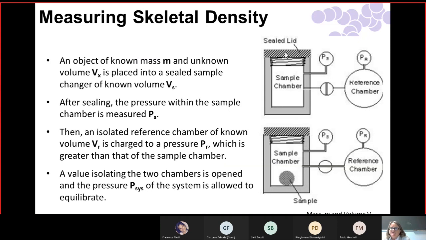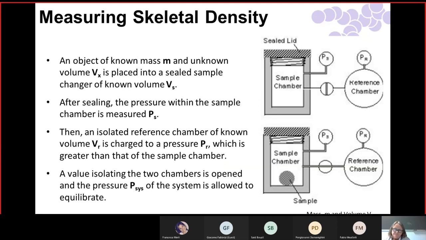Again, the object has a known mass M and an unknown volume Vx, and it goes into a sample chamber of known volume Vs. We know this volume, we know this mass, we don't know what this volume is because it's porous. So we're trying to get the actual true volume.